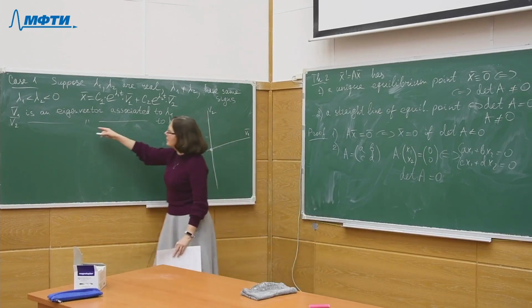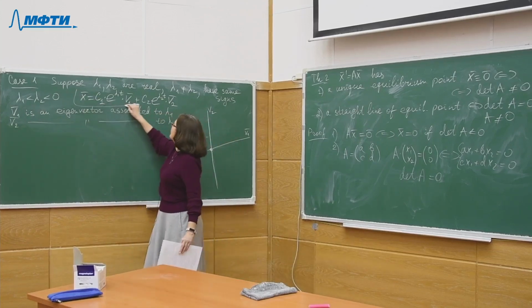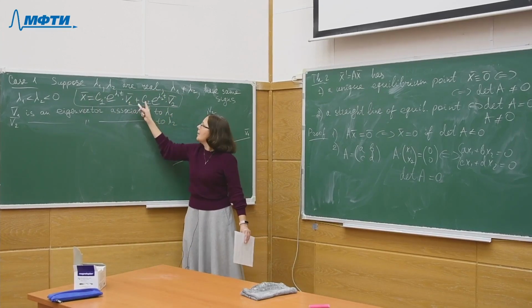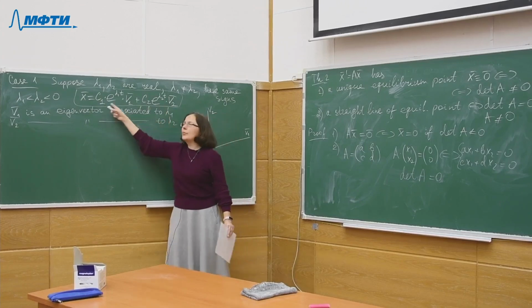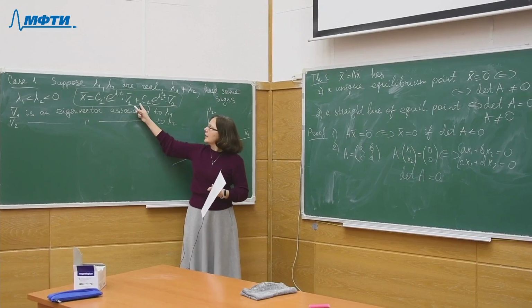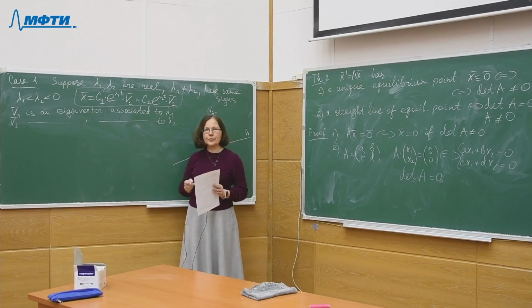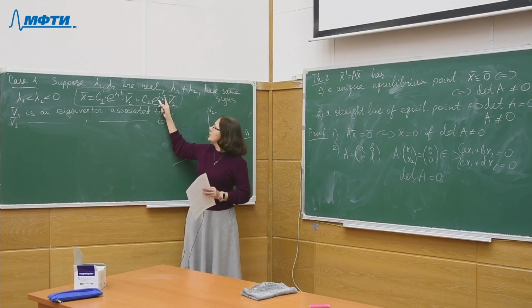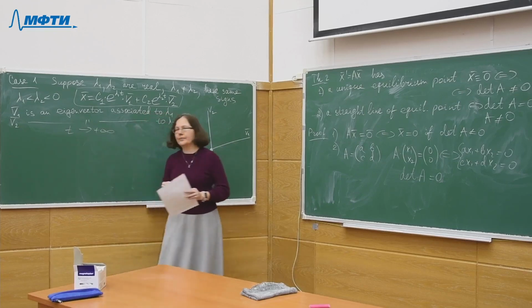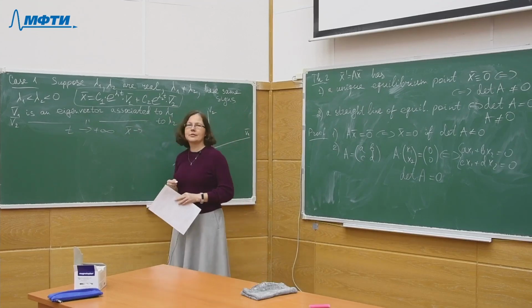Since lambda 1 and lambda 2 are negative, look at this solution. Suppose C1 and C2 are fixed and we consider one phase trajectory. If t approaches positive infinity, then what does x approach?